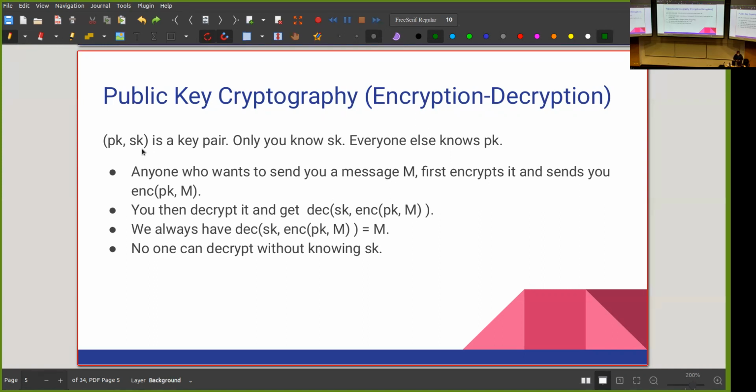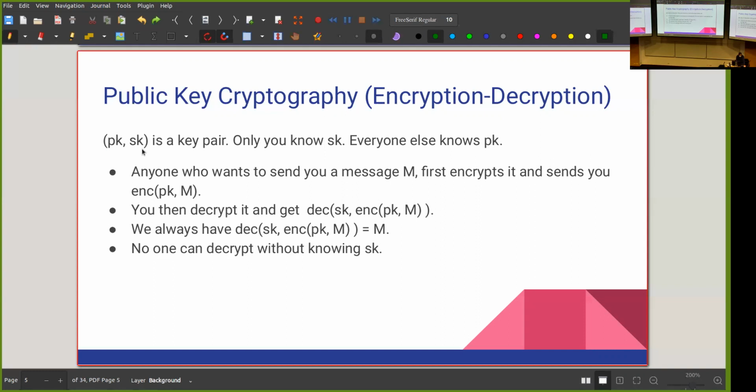So this is the basic idea of encryption. I'm not going to get into mathematical details of how we actually create these encryption and decryption functions. All I need you to know is that such a system is possible. I can have two functions for encryption and decryption such that anyone can encrypt using the public key that everyone knows, and only I can decrypt using the secret key that I'm the only one who knows. Okay.